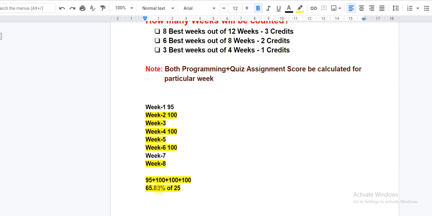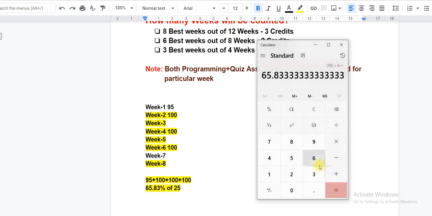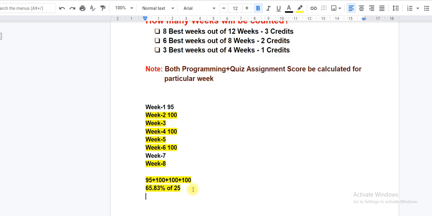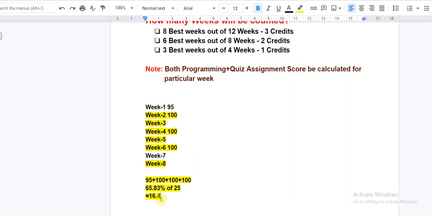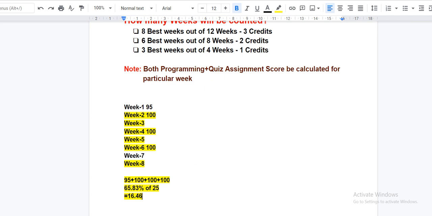What will be the score? Percentage means divide by 100, and "of" means multiply, so 65.83 percent of 25. So our score in this case is, how much, guys? 16.46. So this is greater than 10.